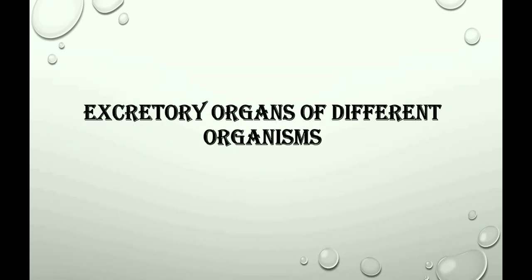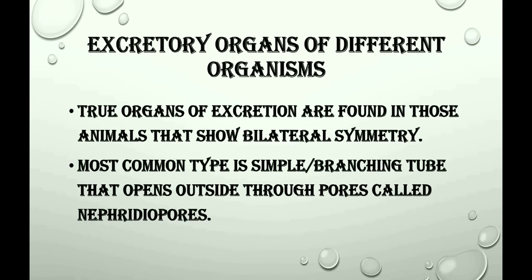Now, talking about excretory organs present in different types of organisms. True organs of excretion are found in those animals that show bilateral symmetry.